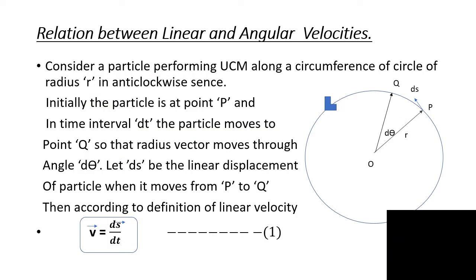Now we are going to study the relation between linear and angular velocities. Consider a particle performing UCM along the circumference of radius r in anticlockwise sense.